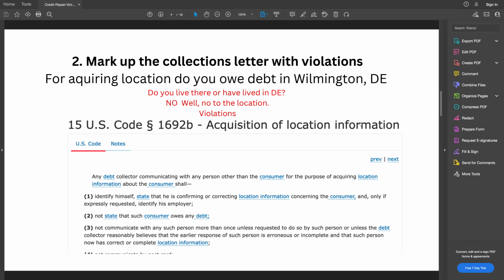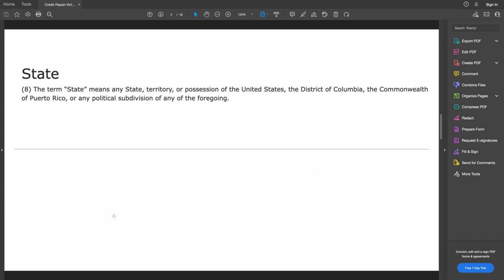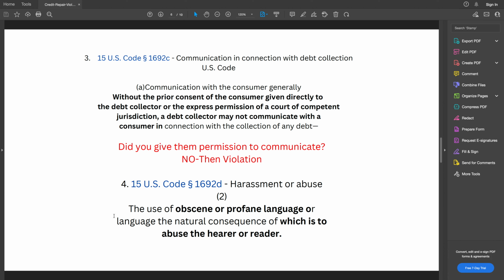Acquisition of location information: not stating that such consumer owes any debt. It means the state, like the location. If that's not the state where you acquired the debt, that's a violation for them sending you that.